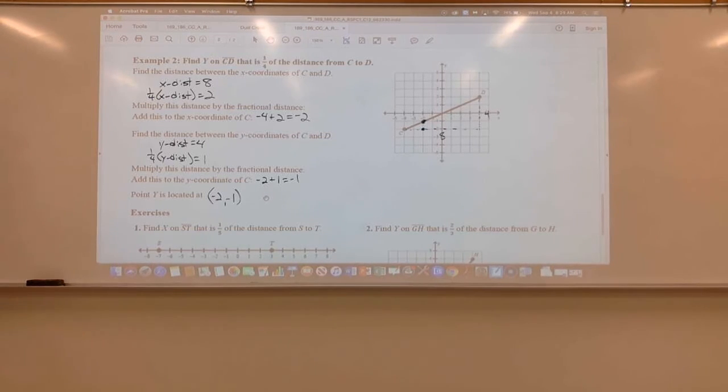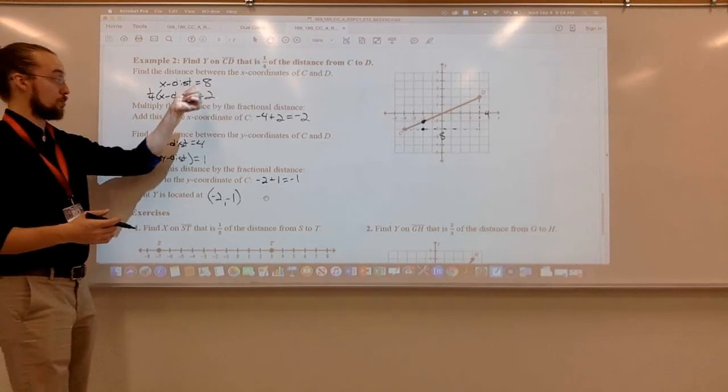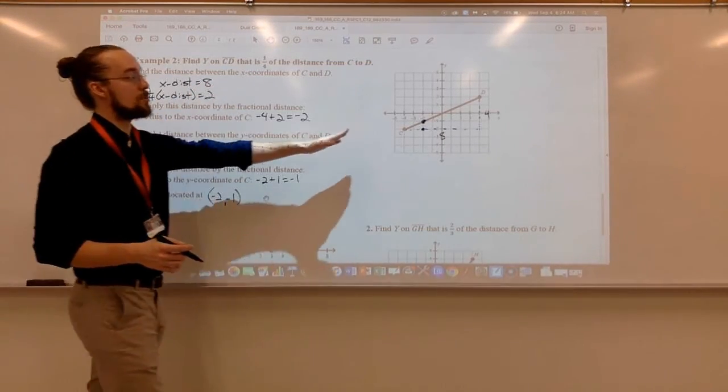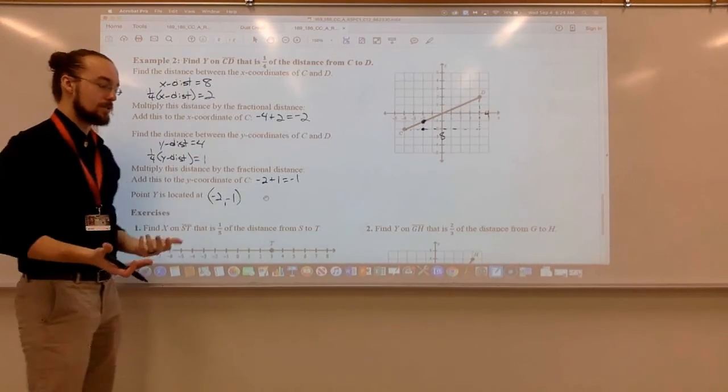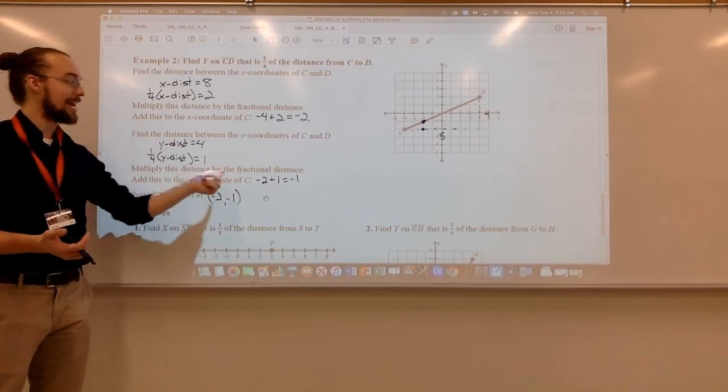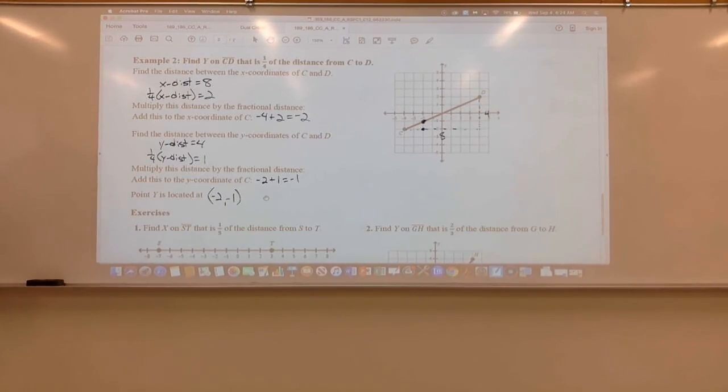So all we did was find the x distance, took 1/4 of that, added that on to my original x coordinate. The same process with the y's. Found the total y distance, took 1/4 of that, and then added that distance on to my original y coordinate.